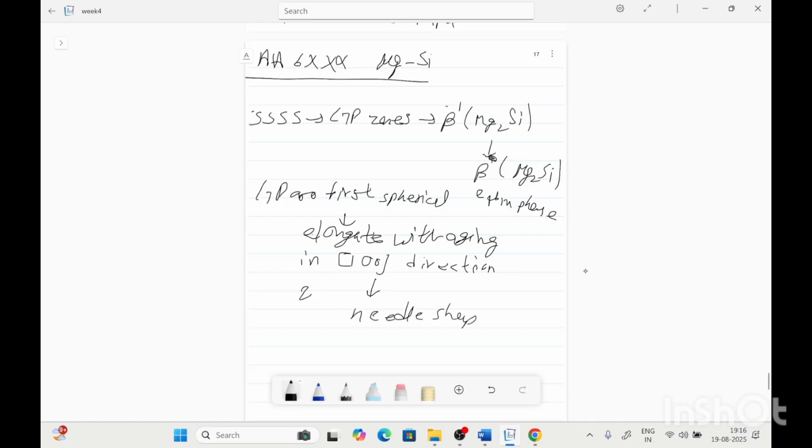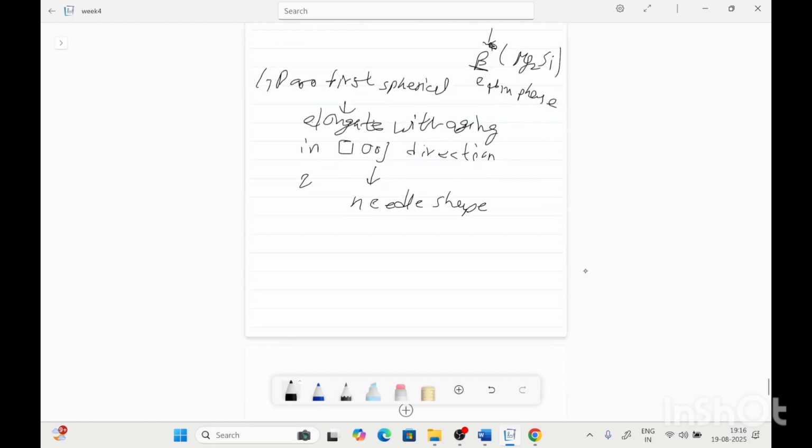The final equilibrium shape will be needle shape for beta. The needle shape is also not beneficial for the mechanical properties. Only up to the elongated or spherical shape will it increase the hardness.